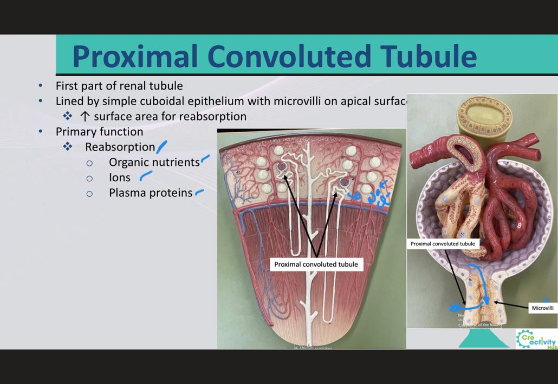And water, which leaves by osmosis. So if sodium goes, chloride goes after, because positive will attract the negative, and water goes through by osmosis. And the tubule also actively reabsorbs potassium, calcium, magnesium, bicarbonate, phosphate, and sulfate ions.